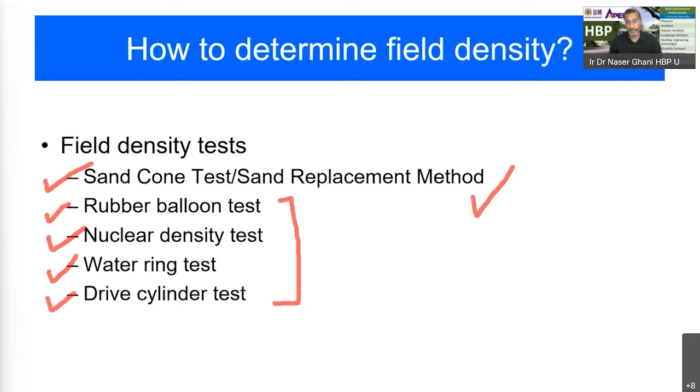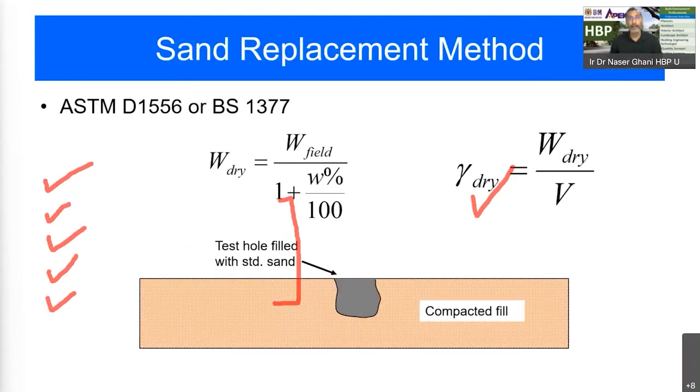Okay, let us look at the sand replacement method. If you look at this illustration, this is the compacted field soil that has been compacted. The darkened area is actually a hole, or test hole, that we have.